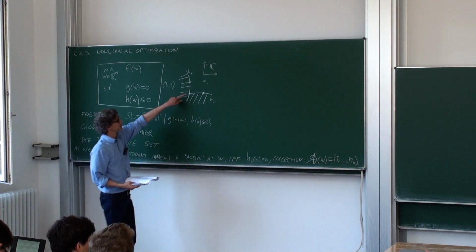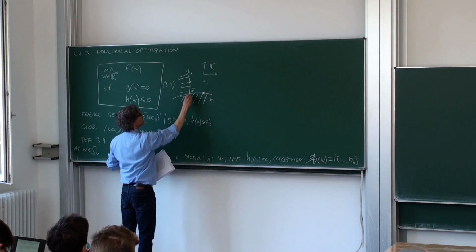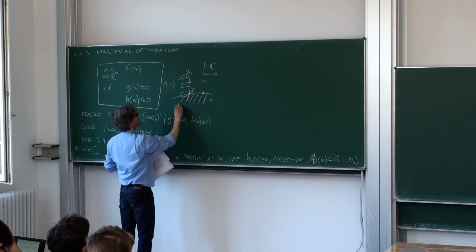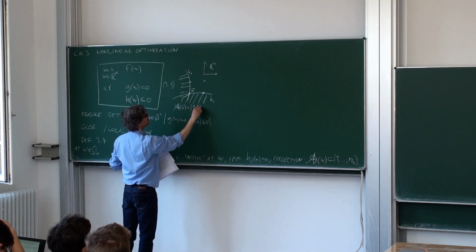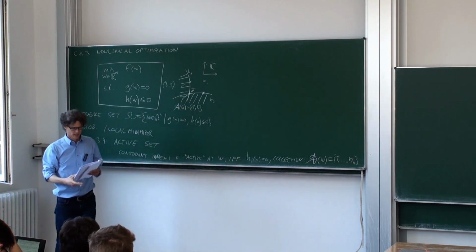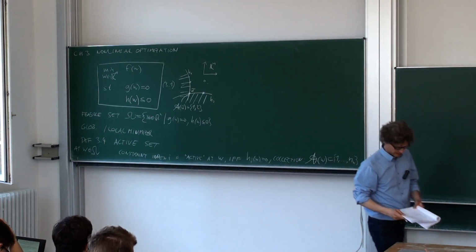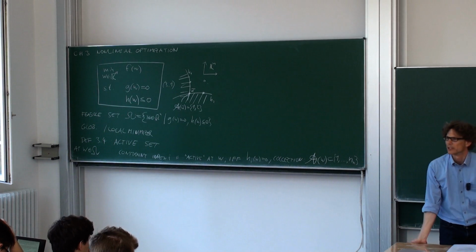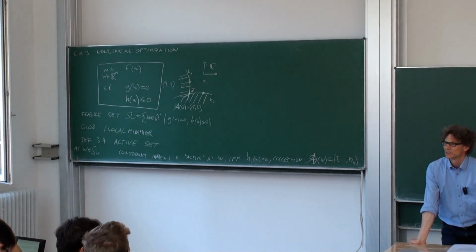So here, for example, this point, if I call it w bar, then A of w bar is equal to the set of 1 and 2. Okay, so that's the active set, and that's the main language I will use. And if there are some words I will use that I didn't define, you are entitled to ask.